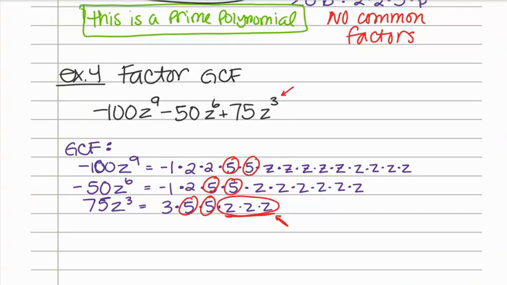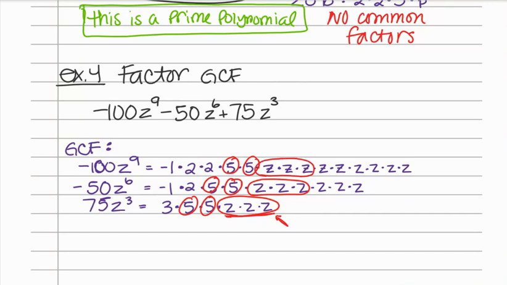Z to the third is my lowest degree, and that's going to end up being the factor of Z that I divide out. Because if Z to the third is my lowest degree, I know that all the other terms that have Z's will have Z to the third within the power.